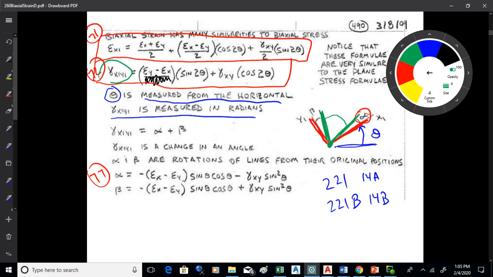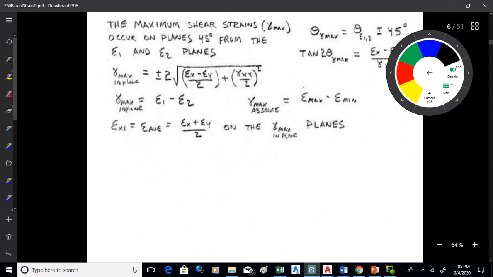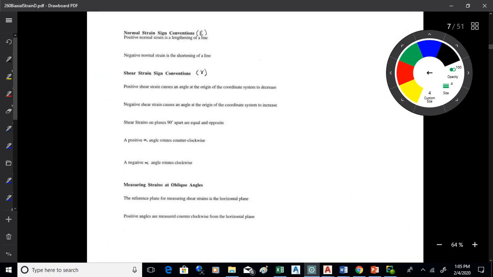All right, let's look at some examples of this stuff. We'll look at a few different examples. First thing we'll look at is just kind of standard type problems you work through with this. Now what I have here is just a list of some of the things you run into here, just some of the main topics that we just went over there with shear strain.